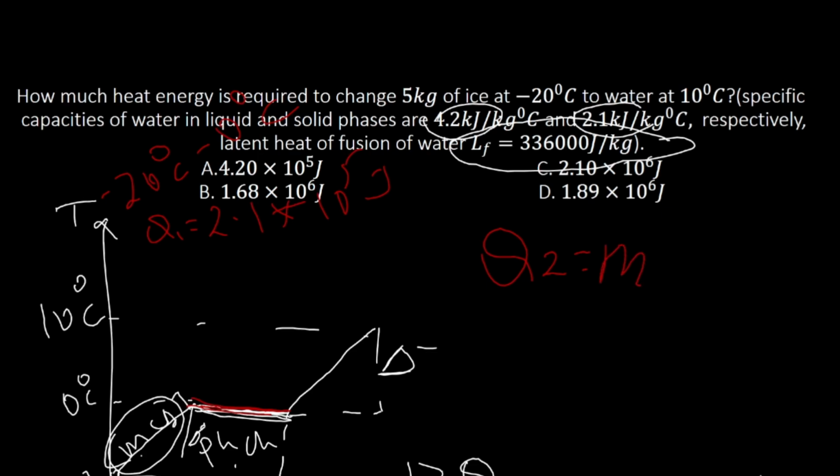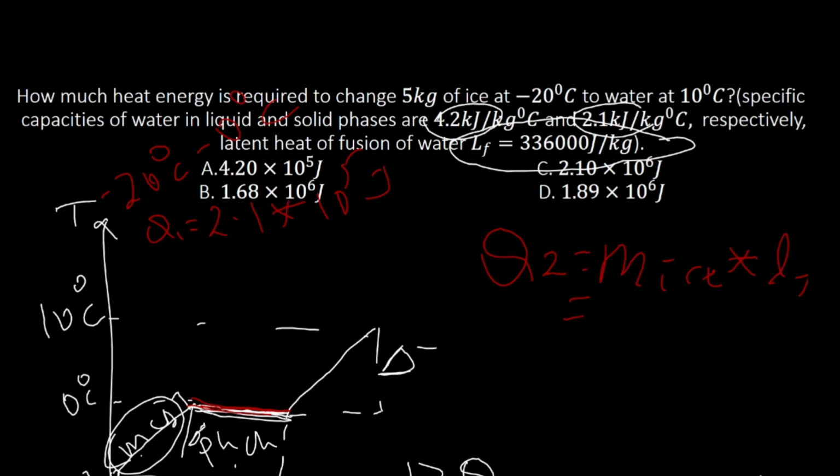So Q2 is the mass of the ice times the latent heat of fusion. Sorry, I said specific heat capacity, but it is the specific latent heat of fusion of ice, which is 336,000 joule per kilogram.